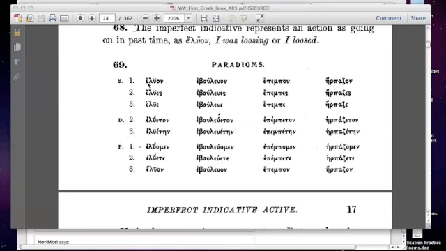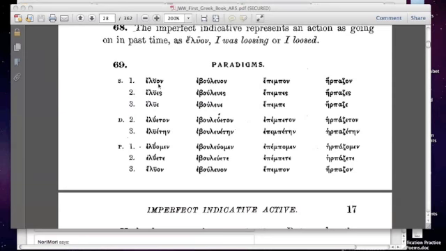What happens is the epsilon is brought in as a prefix. So one of the things that shows the imperfect indicative active is the epsilon prefix. Notice also what happens at the end of the verb. I said the original spelling was lambda, upsilon, omega. The omega is gone. What happens is the omega drops out and the suffix is added to tell you the person.